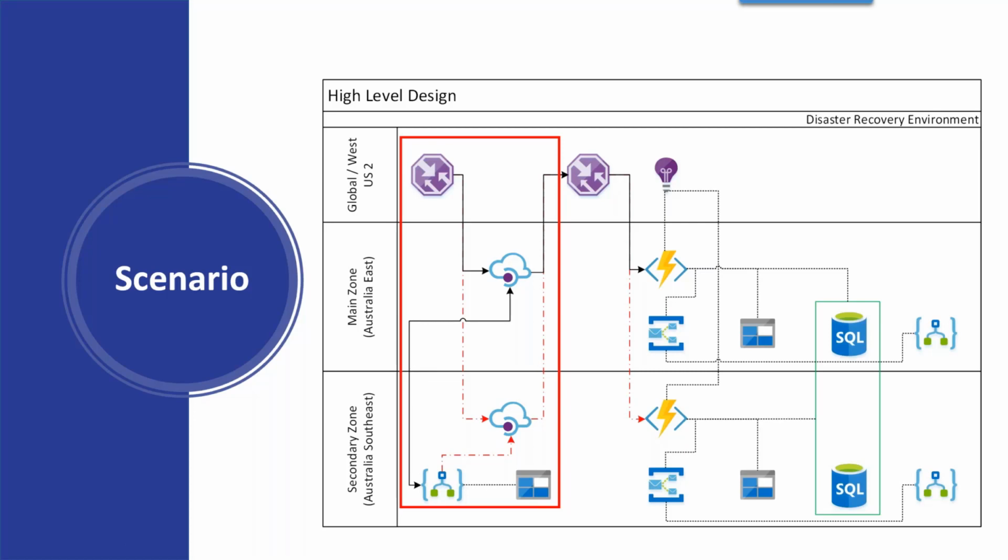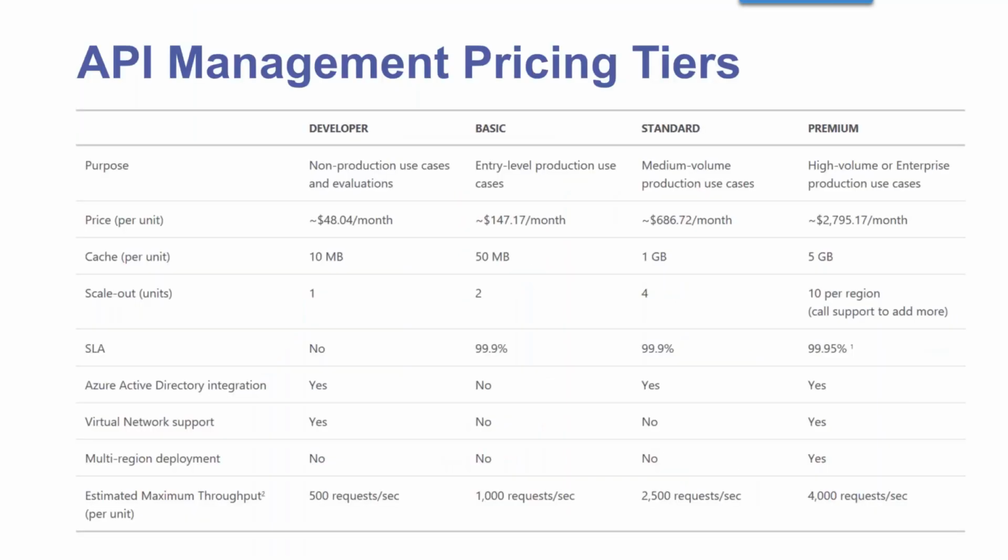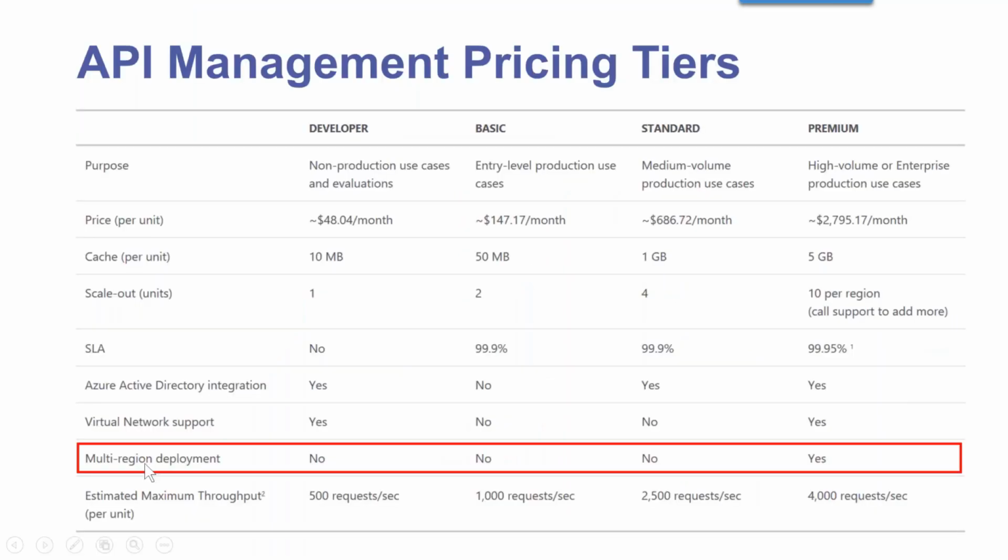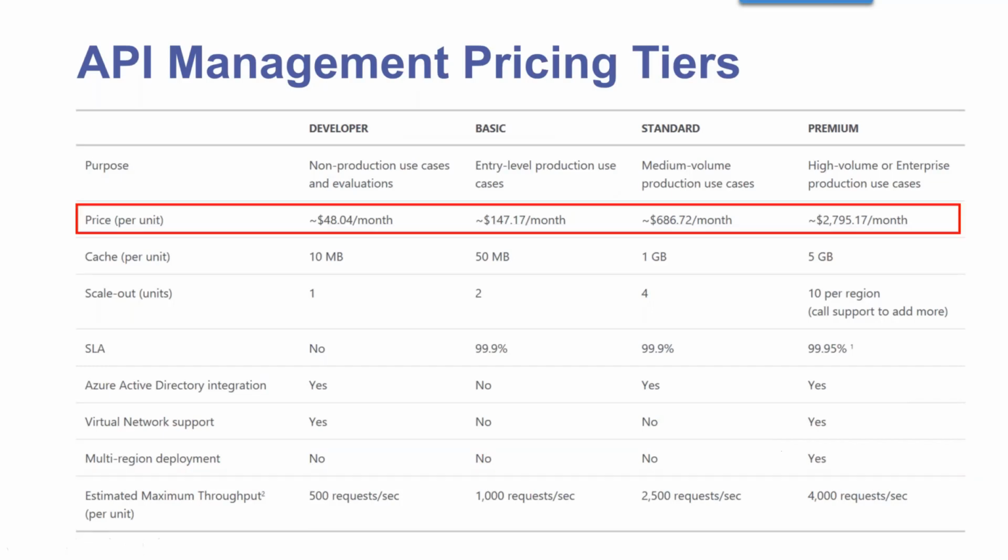So why do we need to do this if everything could come out of the box from API Management Premium? As you can see, most probably the only way to do multi-region deployment out of the box is to go with the Premium instance. But if you look at the price difference, we can see why some people would be reluctant to use the Premium instance for that.